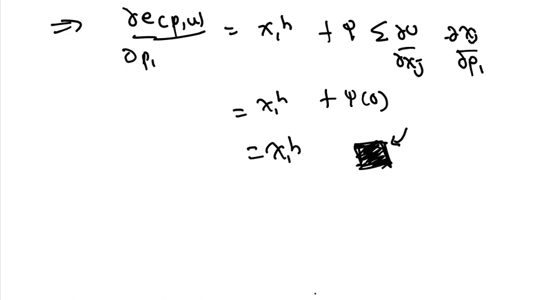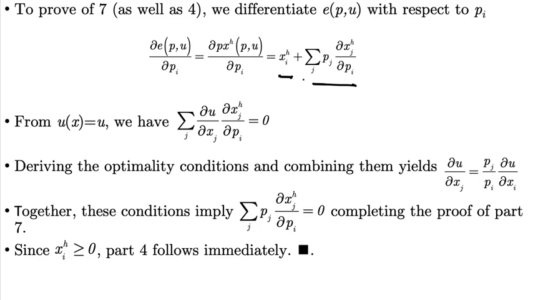If we look at the way I proved Shephard's lemma just now, I asked what happens to the expenditure function when the price of good 1 changes. When we differentiate the expenditure function with respect to the price of good i, we get the Hicksian demand for good i. This is what's stated in the slide.